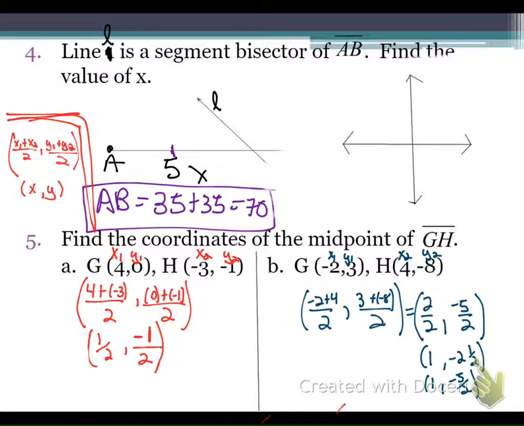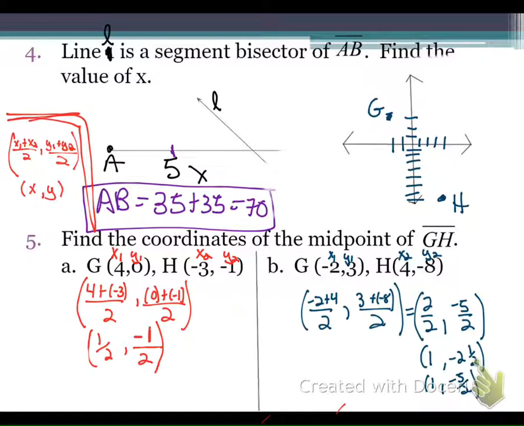So my points are negative 2, 3. So 1, 2, 1, 2, 3. G, H is 4, 1, 2, 3, 4. Negative 8, 1, 2, 3, 4, 5, 6, 7, 8.